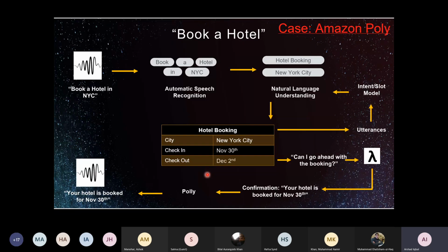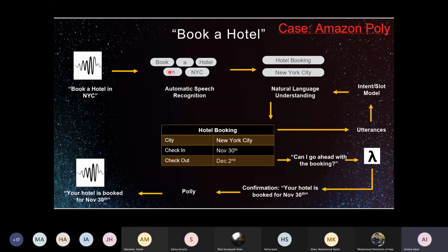And there is another application or case study that is called Amazon Polly. It is based on human or natural language understanding. If you say to this application, book a hotel in New York City, automatic speech recognition is used to extract this information.